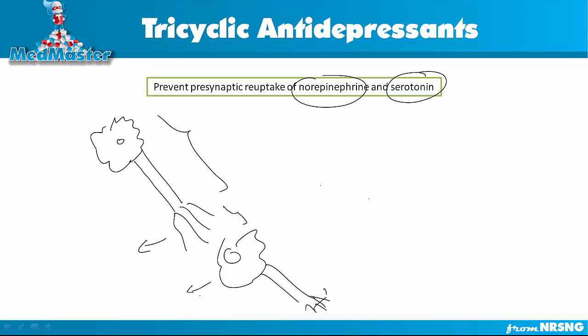So whenever the first neuron wants to give a message to the second neuron, it will release some neurotransmitters into the space right here, and this neurotransmitter will go and attach to the second neuron and deliver the message. Now what happens once the message is delivered?